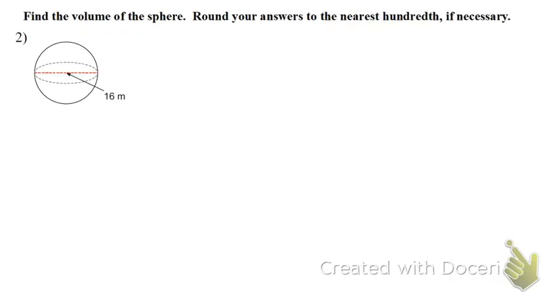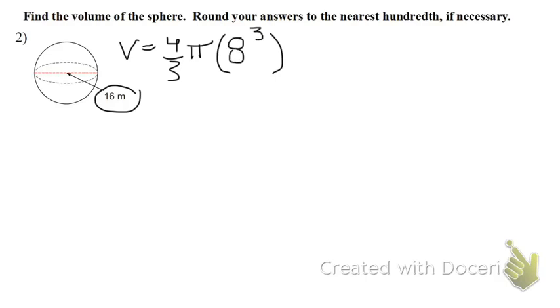All righty. This time the directions say round to the nearest hundredth. Same formula: volume equals 4/3 pi r cubed. Well, this 16 is the diameter, so the radius would be 8. So this is 8 cubed.